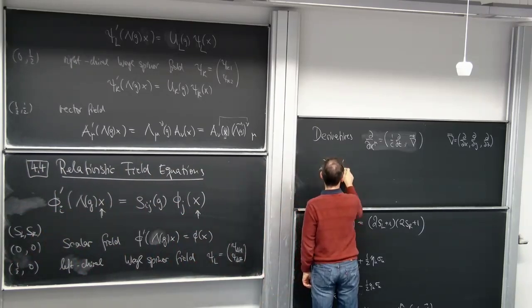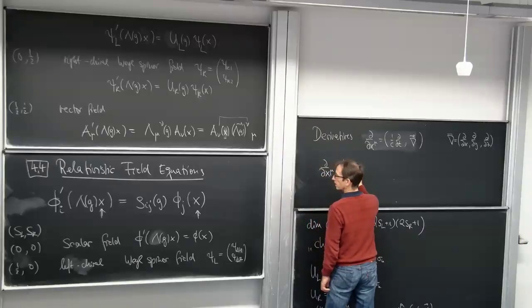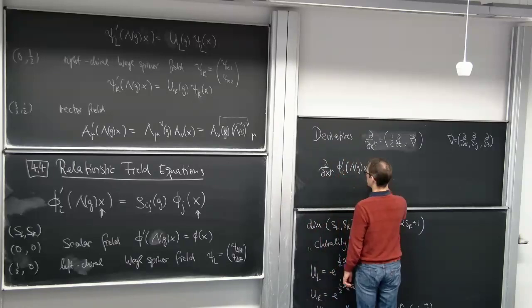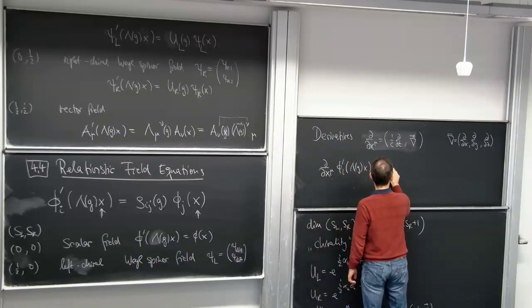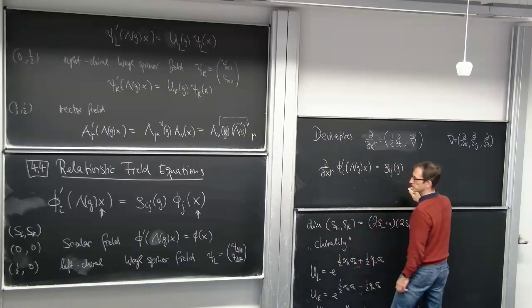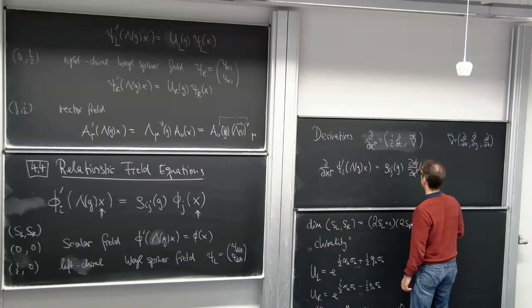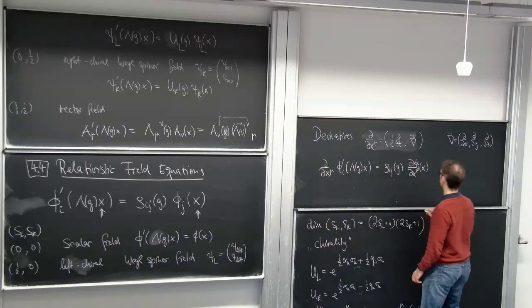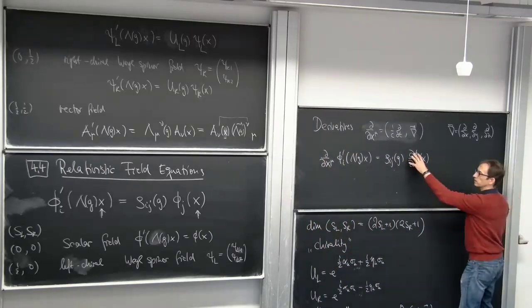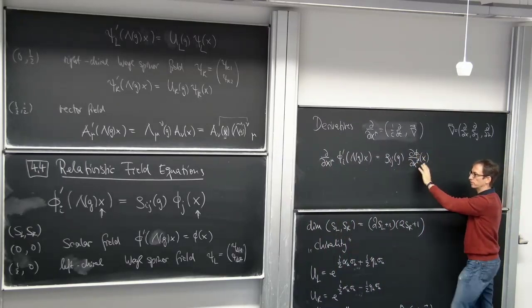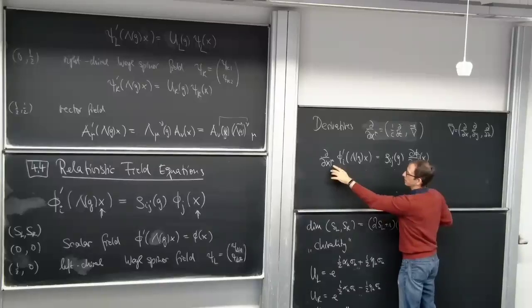of this thing, phi prime i, lambda x, equals, it is just a constant matrix, and then a derivative of this x and j. Now here, this is just the derivative of the field. And sorry, this is a bit more complicated.